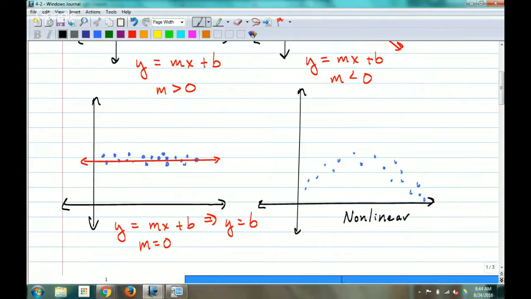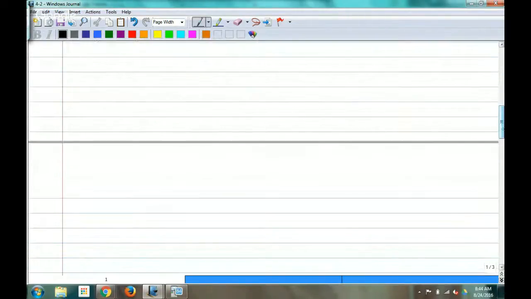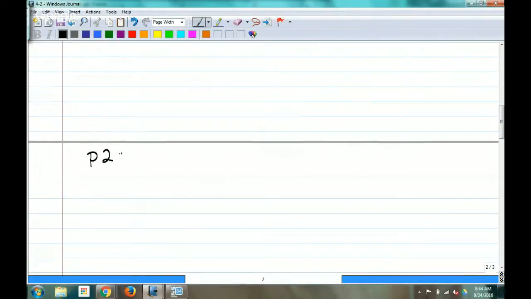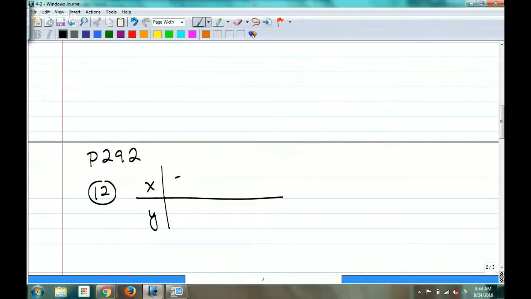Okay, so what I want to do is take a couple of examples from a couple of the problems out of your book and let's look at those. So I'm going to use some problems from page 292. I'm going to be looking at number 12 first, and I'll write the information up here.